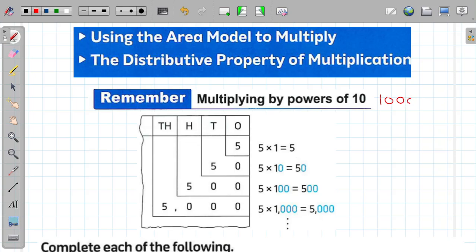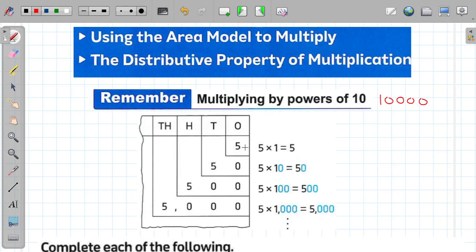If I add a 0 again, it will be 1000. If I add a 0 again, it will be 10,000. So every time I add a 0, all these numbers are powers of 10.